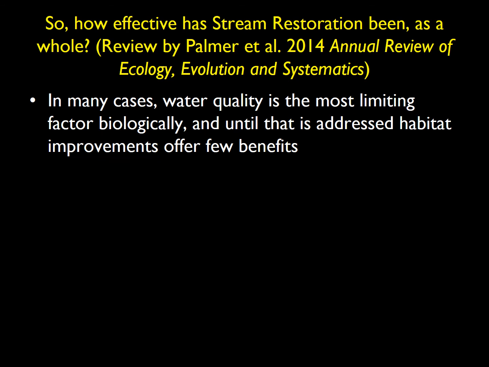And so until you have higher quality water, improving the in-stream habitat may offer few benefits. Although, as we mentioned earlier, with larger bodied fishes, the habitat can sometimes benefit them. But for other fishes and invertebrates, few benefits.